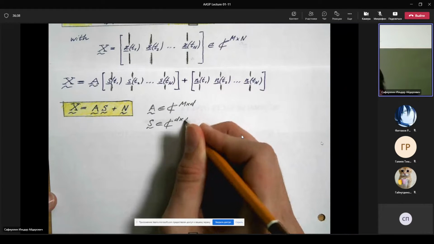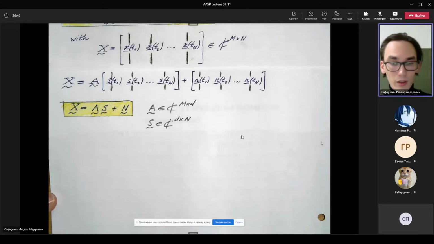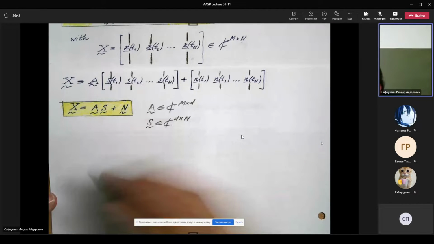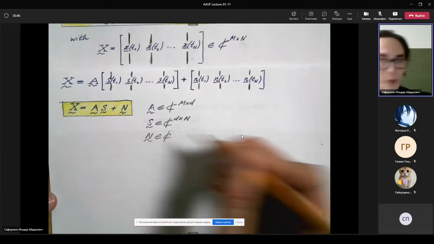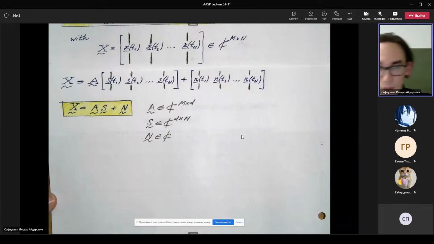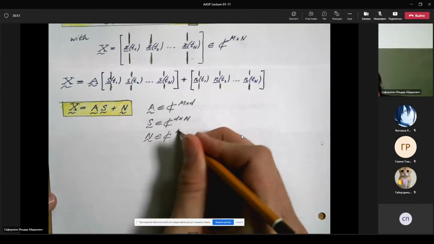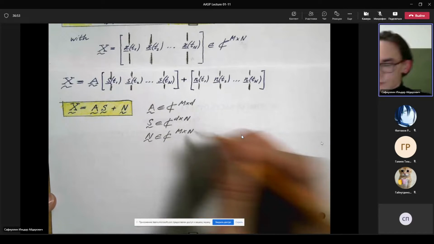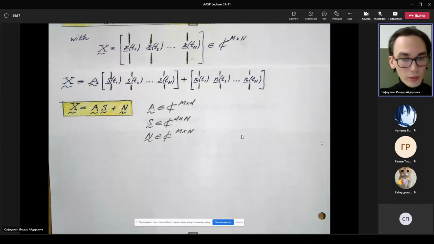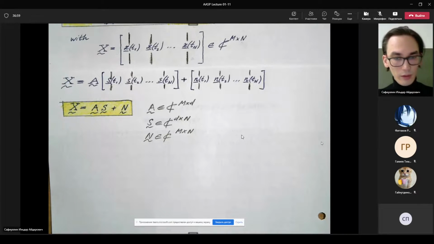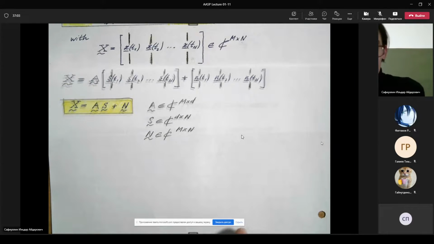D times capital N. And the noise N with the same sizes as matrix X, M times N. And for this one, we have slides 8, 9, and 10.